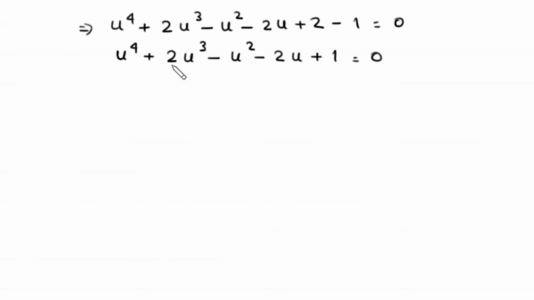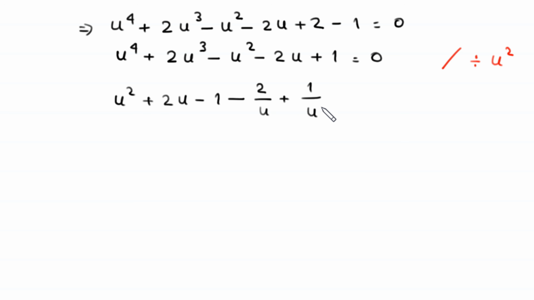Now this is a quadratic reciprocal equation, so we divide the whole equation by u squared. Then this becomes u squared plus 2u minus 1 minus 2 over u plus 1 over u squared equals 0.